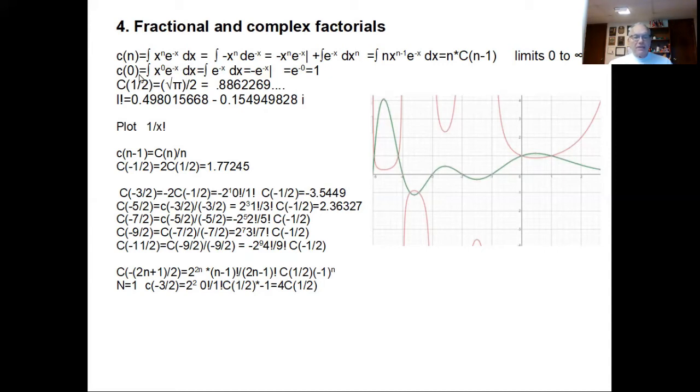Okay, and we showed a case here. We put n equals 0. We did our integration. We got e to the 0, minus 0, which is equal to 1. So once we establish that, we now know from this formula that we can just use it recursively to get the rest of the factorials.